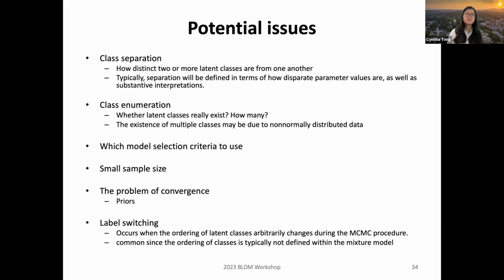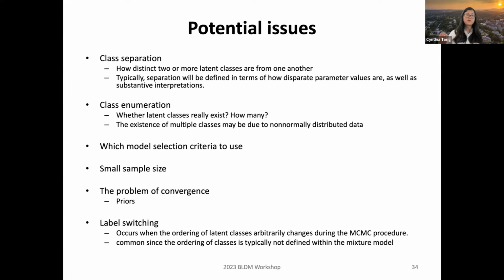Class enumeration is to determine the number of latent classes, like how many classes there are. It's an issue that is closely tied to the idea of class separation, because if the class separation is big, then it's easier to distinguish them and the class enumeration would be more accurate.